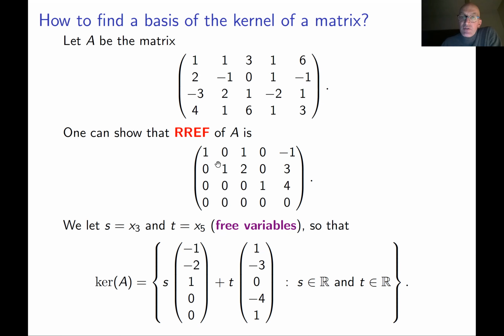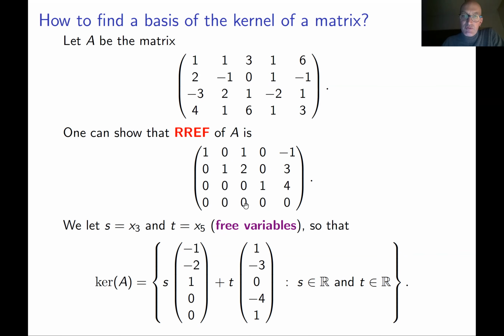Because of the non-zero leading entries. So basically, you declare the variables which correspond to the columns that don't contain leading entries to be free variables.